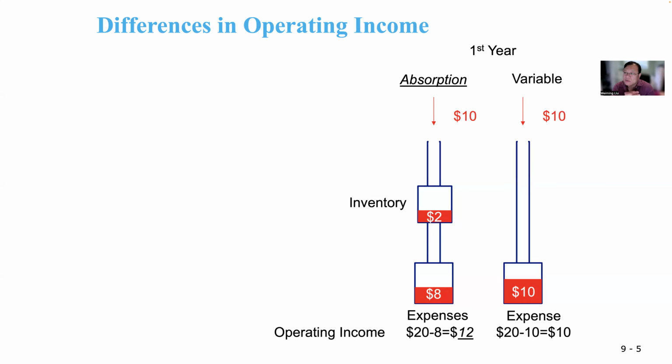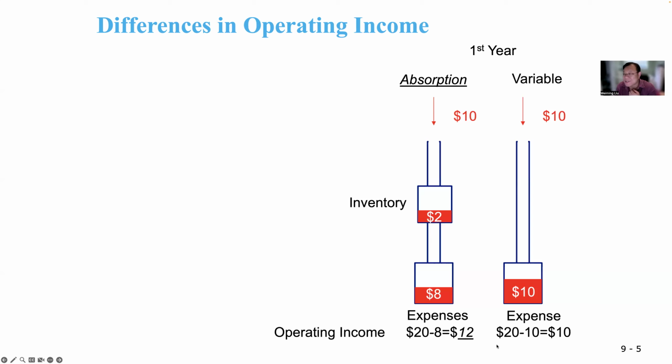They will be in the ending inventory, right? So in this case, your revenue is $20 minus your cost of goods sold $8, so your operating income is $12. So you can see under absorption costing, the income is $12, but under variable costing it is $10.